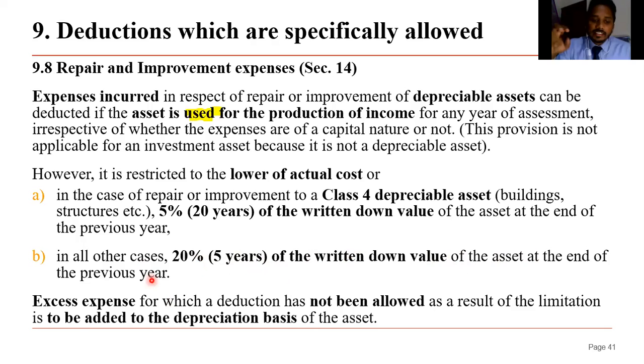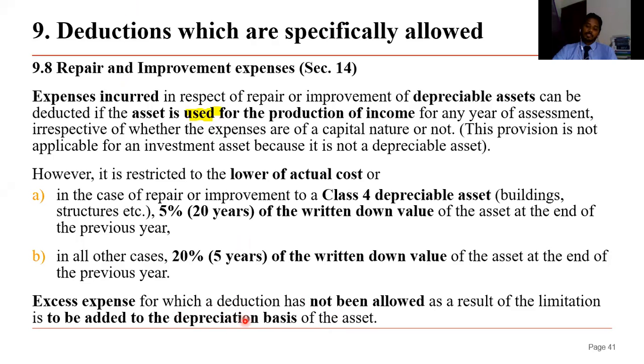Then the excess, for which a deduction has not been allowed as a result of the limitation, is to be added to the depreciation basis of the asset. You know the depreciation basis, right? Depreciation basis we discussed; it means WDV or cost.